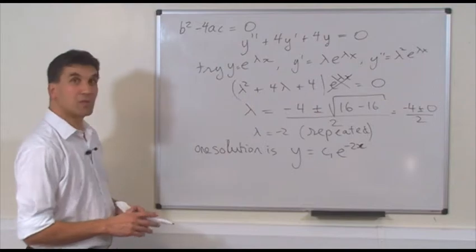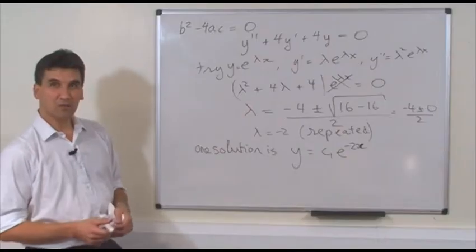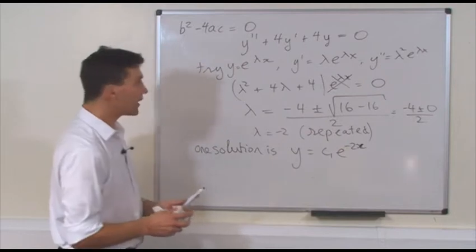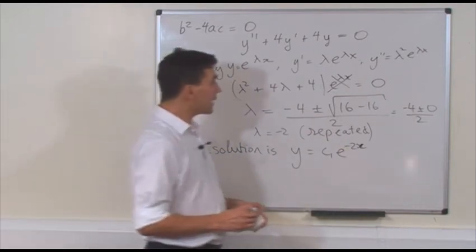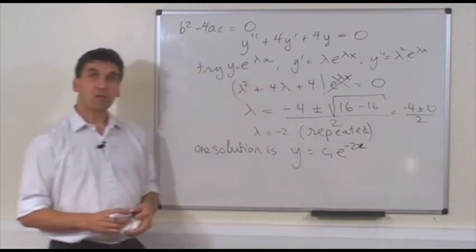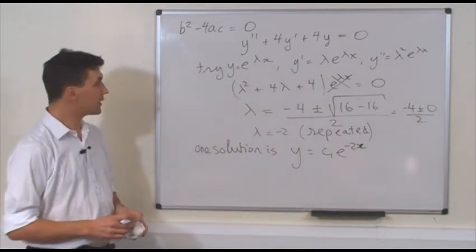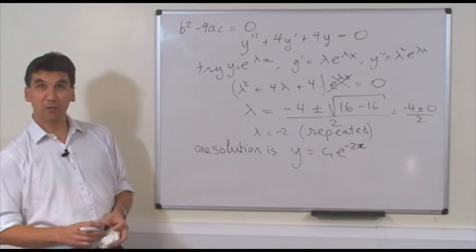Well, there are two ways of doing it. One is to ask somebody, and they'll tell you what the second solution is. And the other way is to figure it out yourself. So I'm going to adopt the figure it out yourself method. And I'll use a technique called reduction of order. And that is a technique for which there is another podcast in this series.